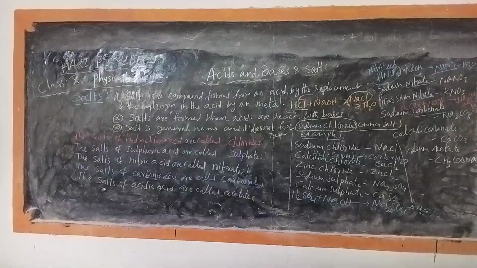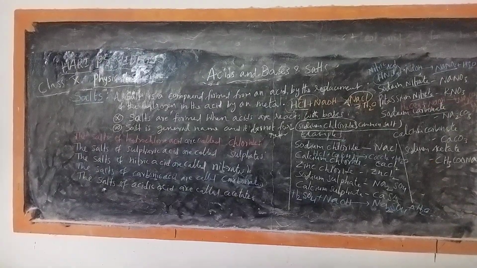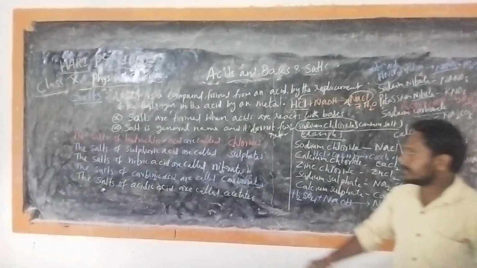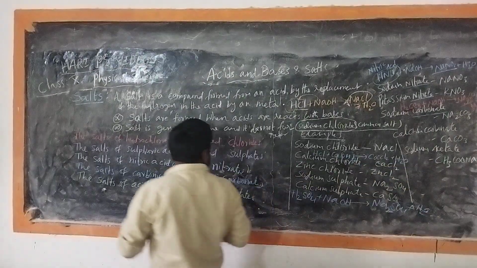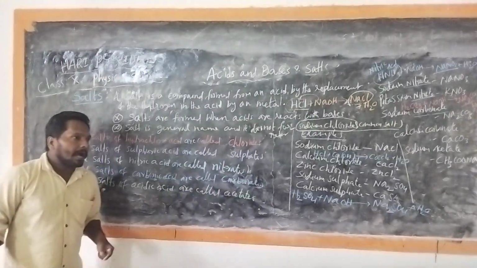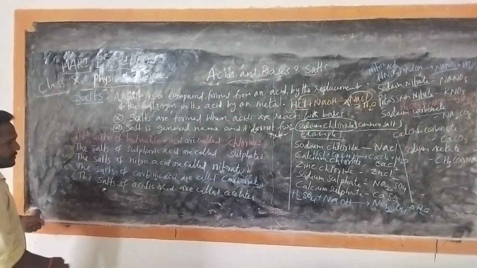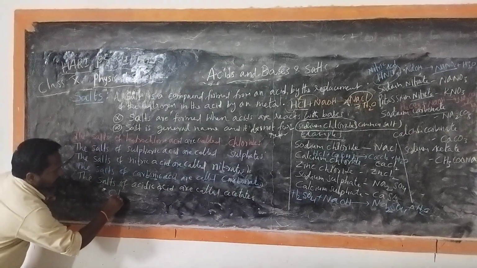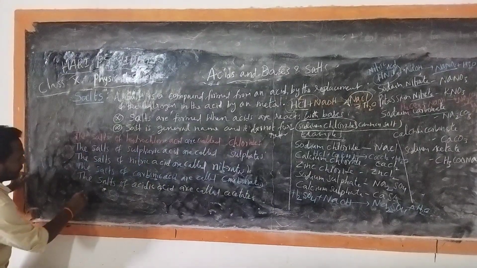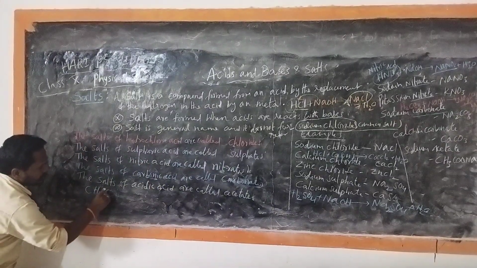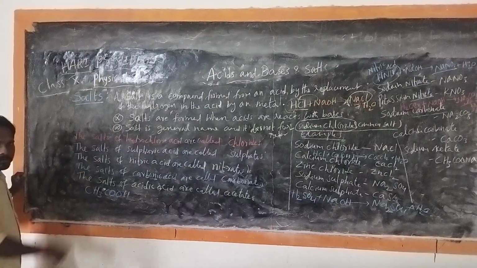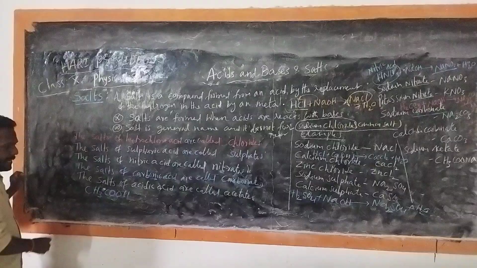Then the salts of acetic acid are called acetates. Here, CH3COOH is nothing but vinegar, acetic acid.